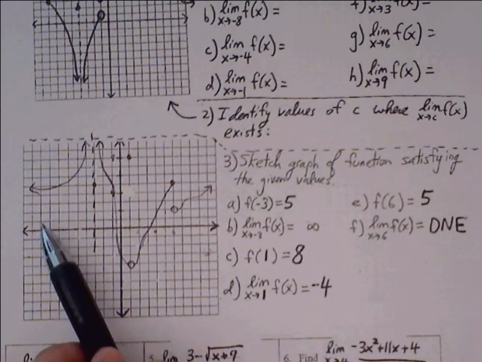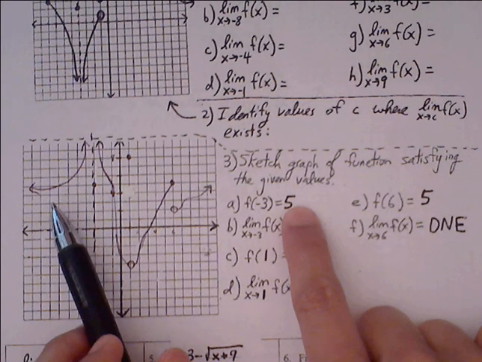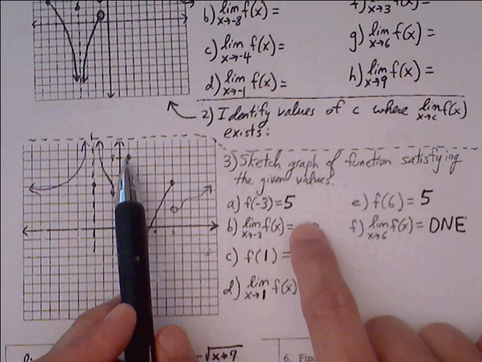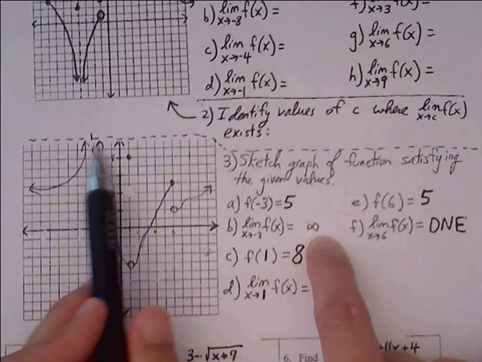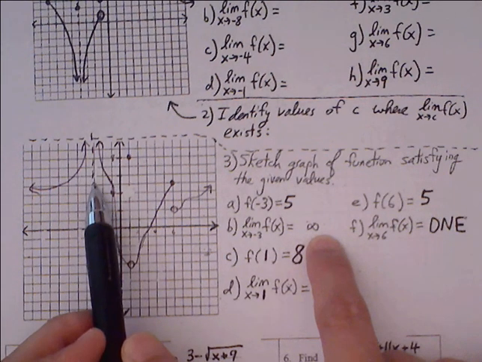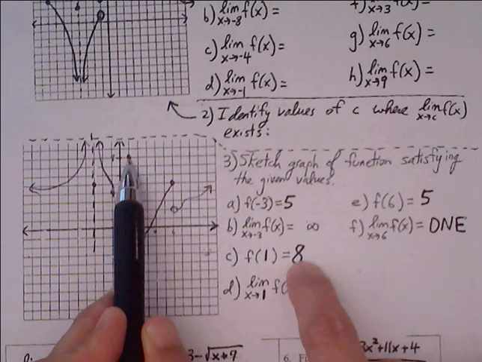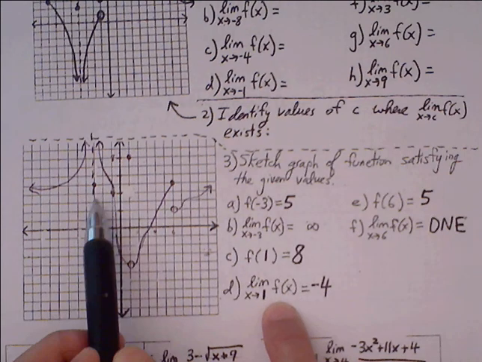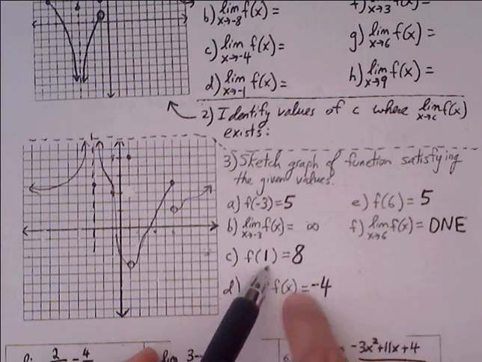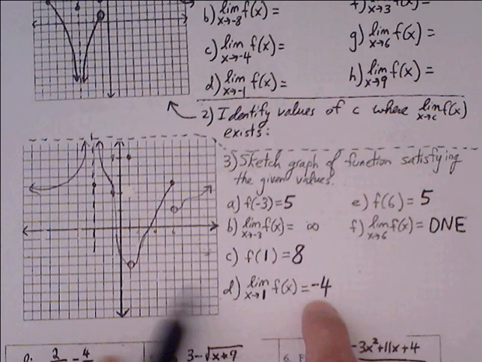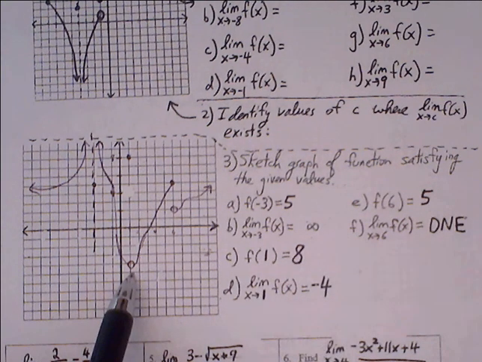Okay, so let's recap here. F of -3 is equal to 5. We have the ordered pair, and the limit is infinity. So on either side of -3, we see the graph approaching infinity. F of 1 is 8. Limit as x approaches 1 is equal to -4. So even though the ordered pair is at 1, 8, the graph is connecting to -4.